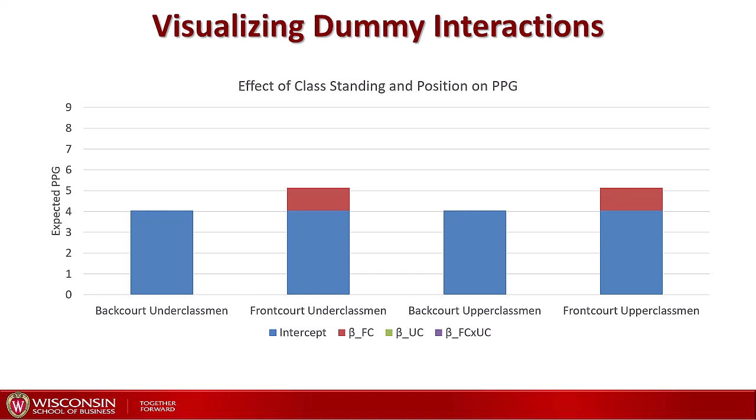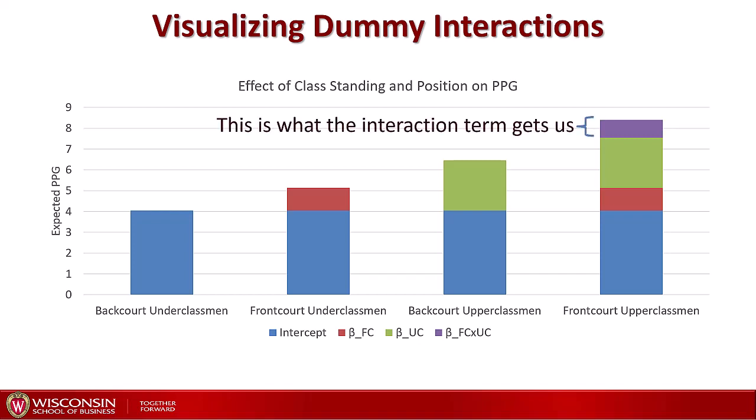Then we have the upperclassmen coefficient, which is only for the third and the fourth bar. And then we have the interaction term, which is true only if we have both a front-court player and an upperclassman. So here, it's only for the last bar, and this is what the interaction term gets us.